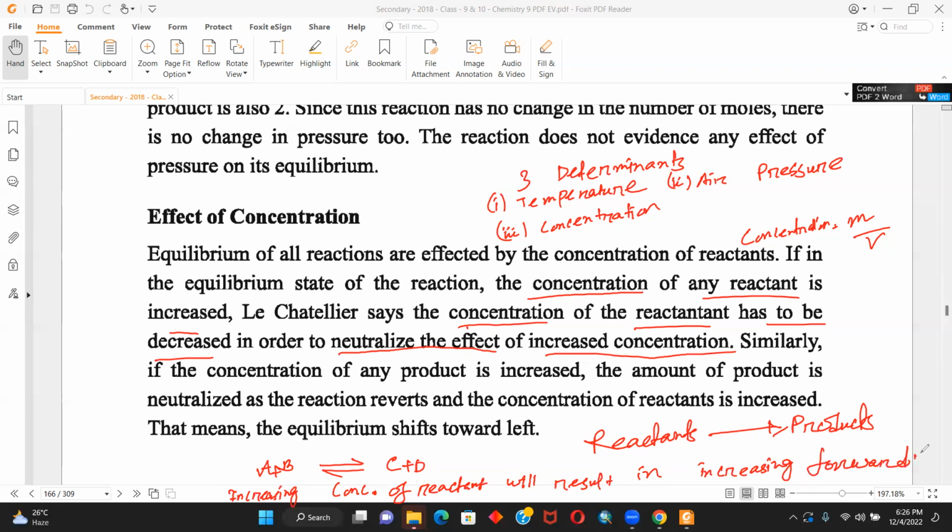And increasing the concentration of product, which we don't usually do, but still I'm saying, will result in increasing backward reaction. Okay, it is just doing the opposite thing. Neutralizing the factor means just doing the opposite thing.